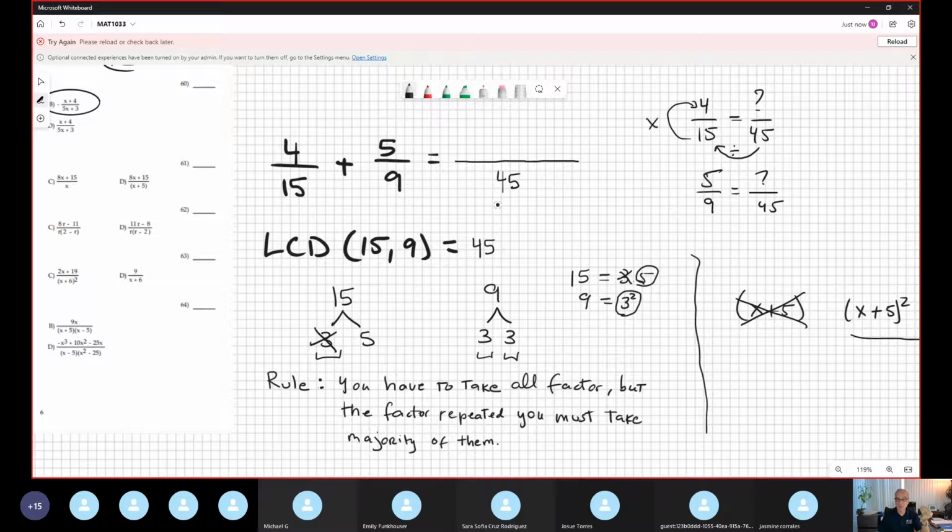So it's division, 45 divided by 15 is 3, and 3 times 4 is 12. And you copy 12. I guarantee you 100% that 12 over 45 is a fraction equivalent to the 4 over 15. Everyone follow me or no?